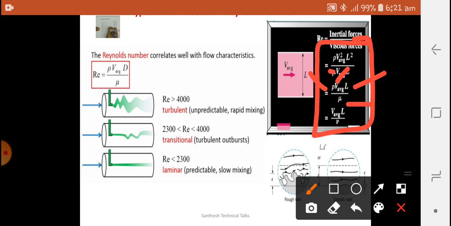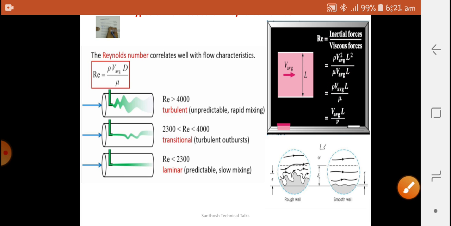If we take the dynamic viscosity divided by rho, which is called kinematic viscosity, it can be replaced by V L by nu.